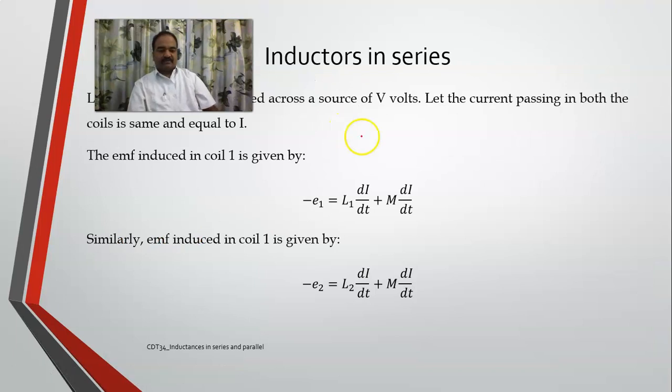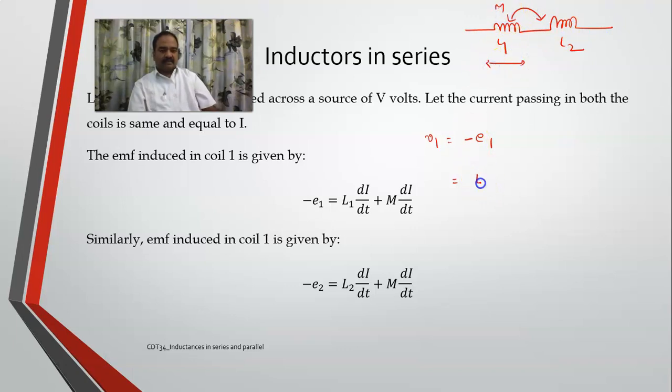So what is V1? V1 is just like an EMF, it is minus E1. So what is E1? If I neglect resistance, I'll redraw the circuit here. This is L1, L2, and this is M. So what is the EMF in this particular coil?